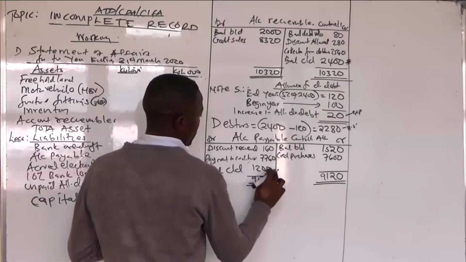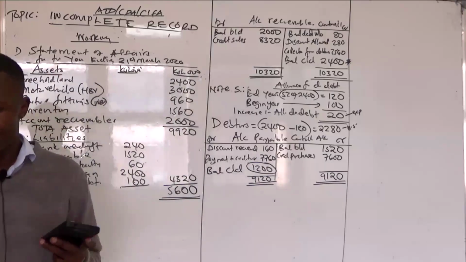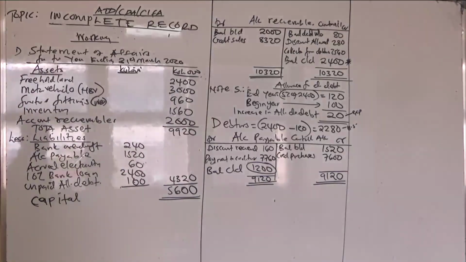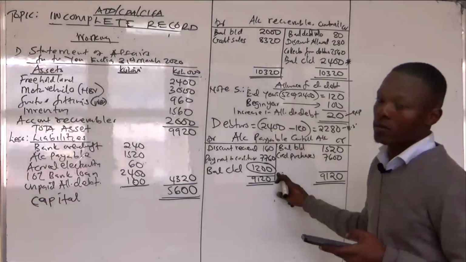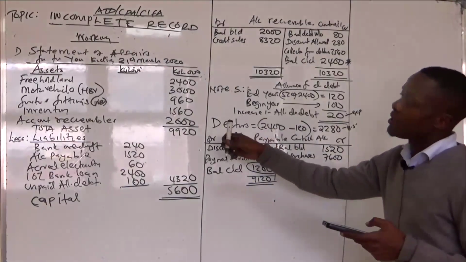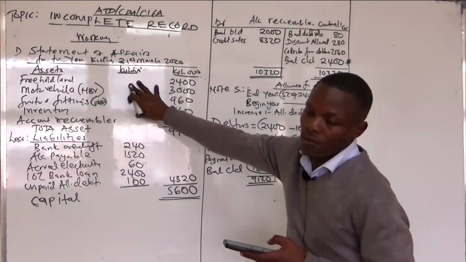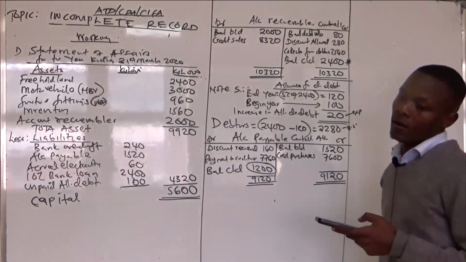Where does this amount go? Someone tell me where this amount goes. We said balance brought down goes to the statement of affairs, and balance carried down goes in the balance sheet.